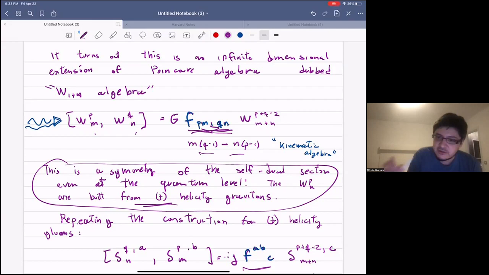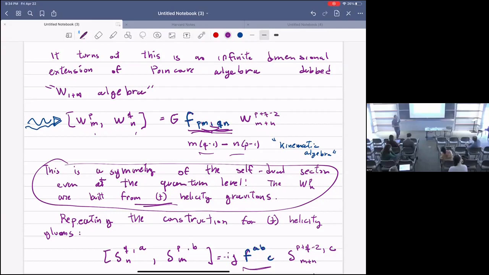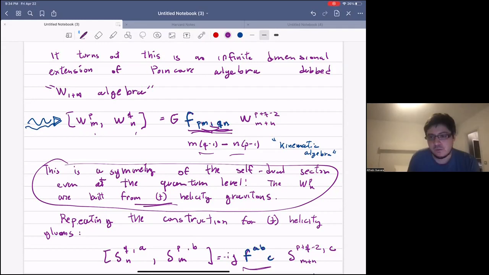Maybe I can also ask a question. So this algebra is only for the plus helicity states, right? Still. So do you understand it also for mixed, so plus and minus? No, we don't really understand. Not even the simplest soft theorem, really, I would say, which is the subleading soft theorem.